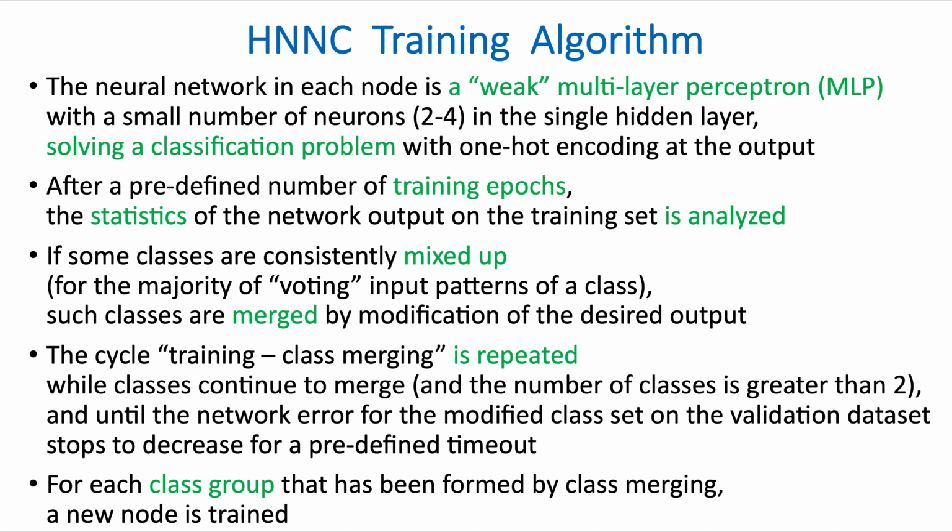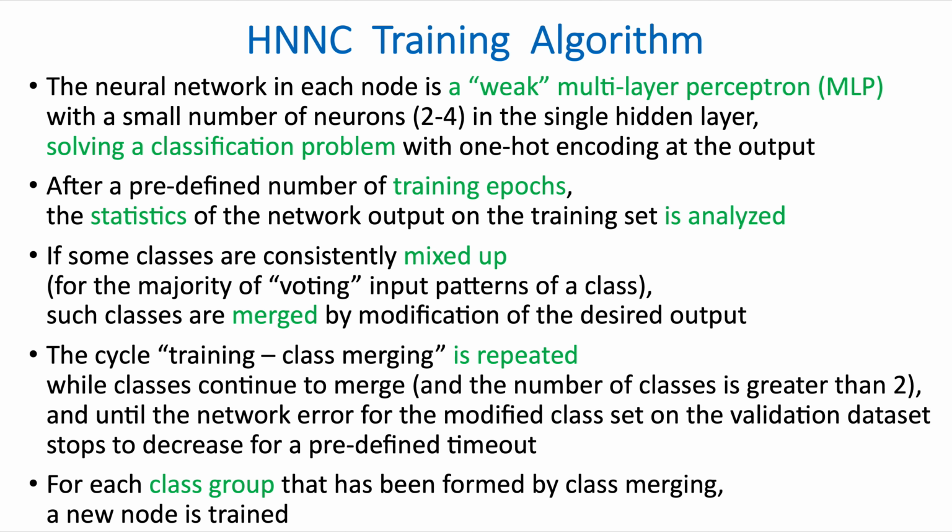Let me tell you about the HNNC training algorithm. The neural network in each node is a weak multilayer perceptron with a small number of neurons in a single hidden layer, solving a classification problem with one-hot encoding at the output. After a predefined number of training epochs, the statistics of the network output on the training set are analyzed.